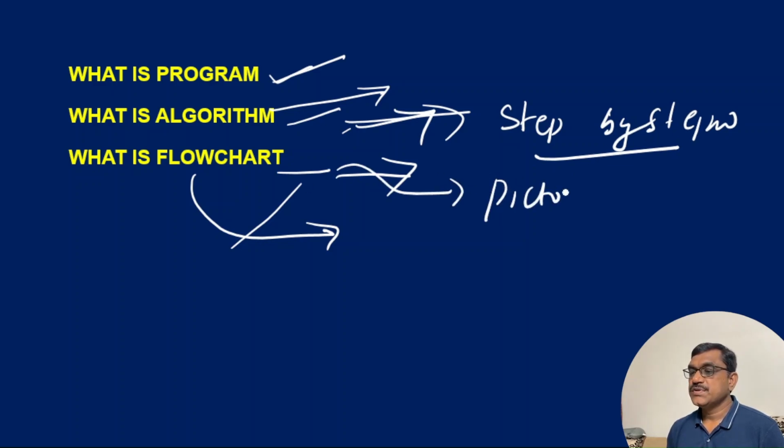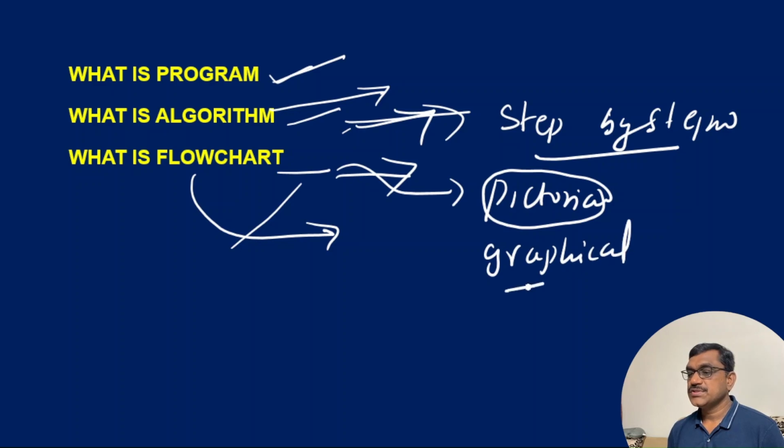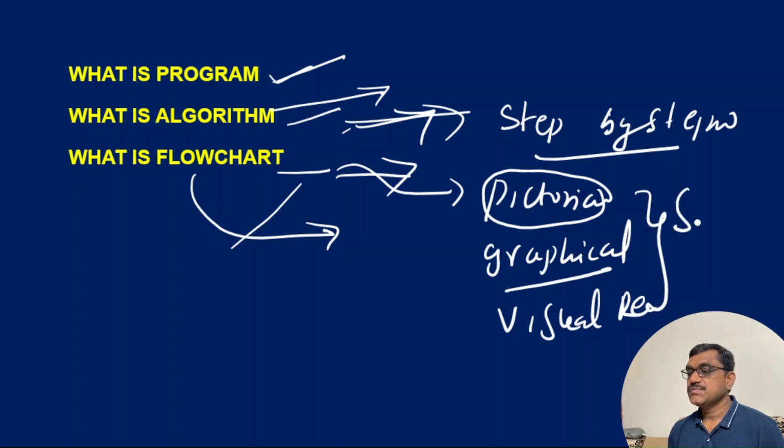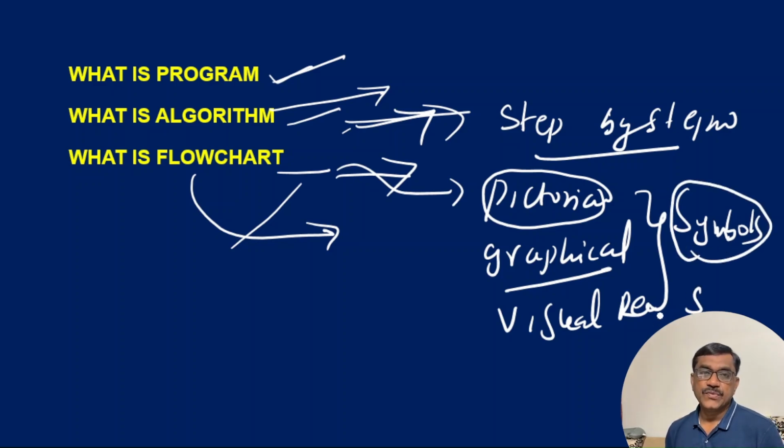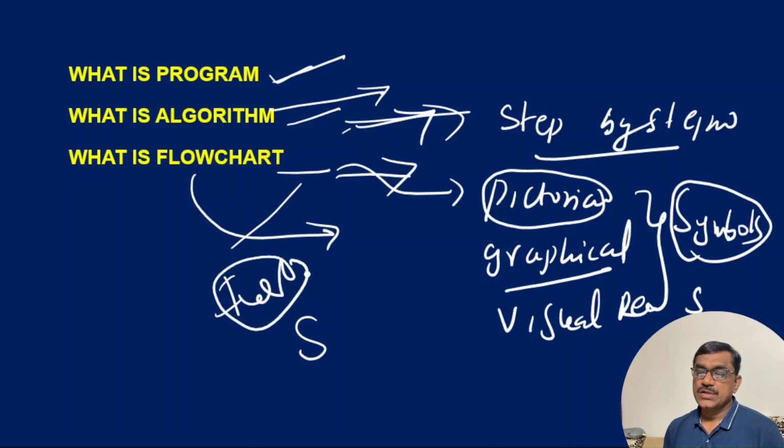And what is meant by the flowchart? It is a pictorial representation, or we can say graphical representation, or visual representation. It means that we are going to use some symbols which are used to represent the steps in the program. What I want to say is a program simply consists of a set of instructions in the form of steps.